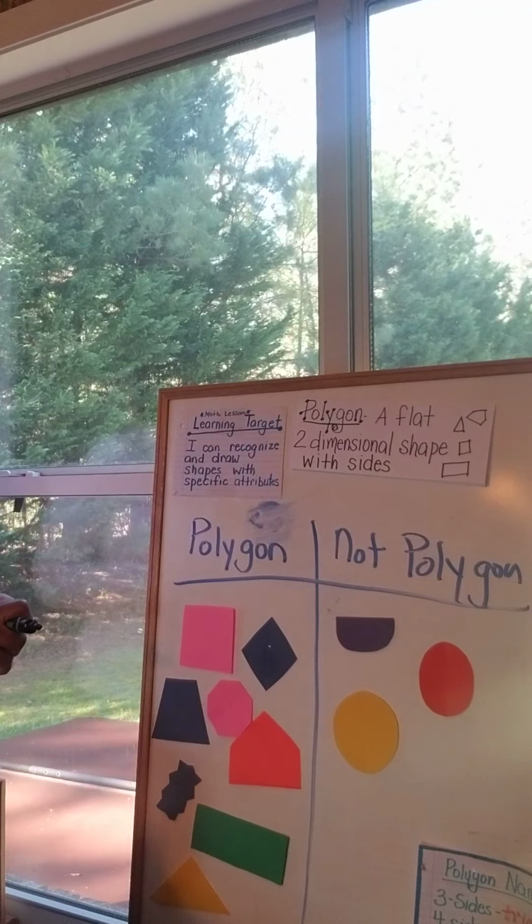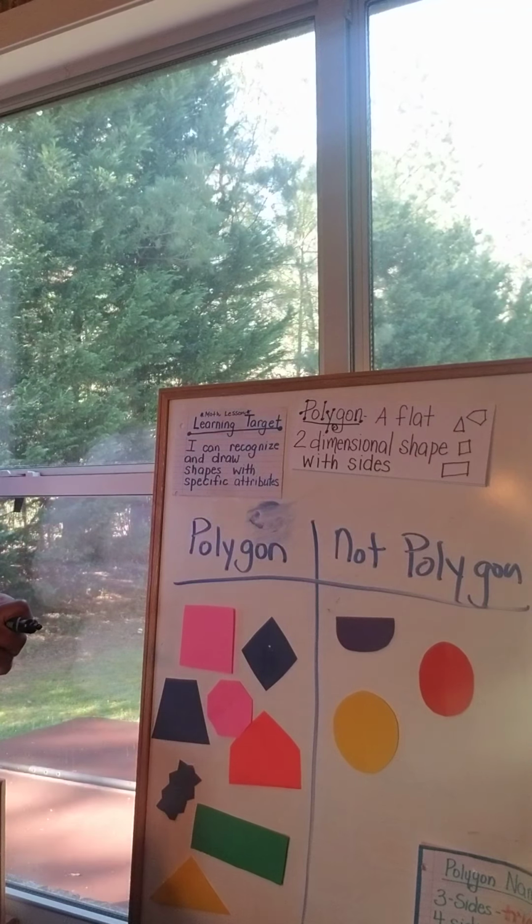How about this? The kite. We're going to put a Q there, or we might even call that a diamond. How about this? This has 1, 2, 3, 4, 5, 6, 7, 8 sides. Would that get a Q? No, because it has 8 sides. How about this? How many sides are on this rhombus? 1, 2, 3, 4. So this gets a Q. It's also a quadrilateral. A pentagon has 5 sides.